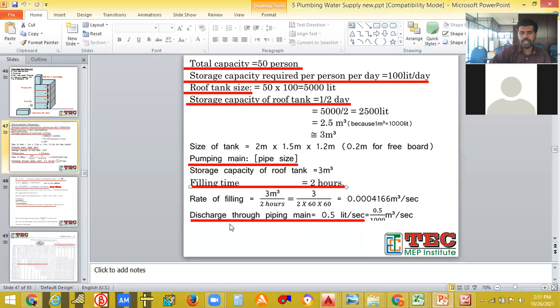Or you can write the discharge through the pipe as 0.5 liter per second, because you know that 1 meter cube is equal to 1000 liter.